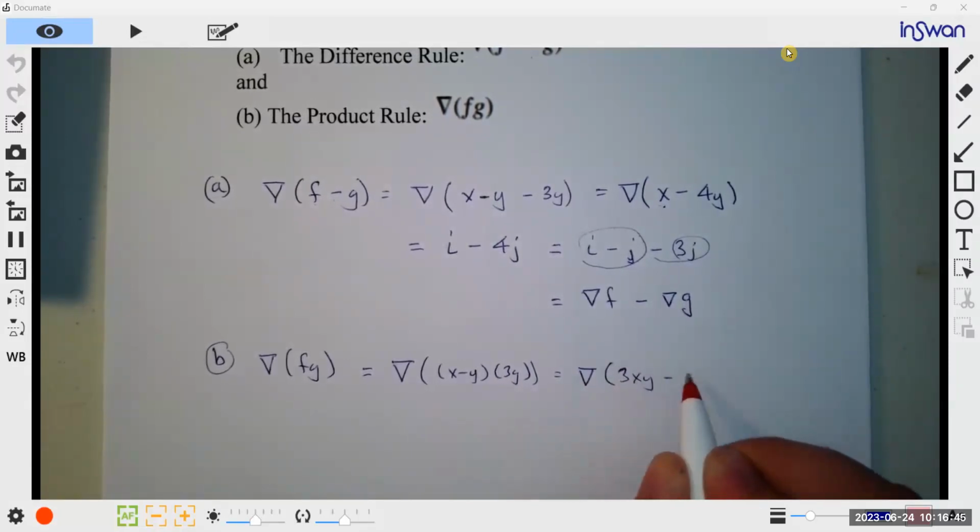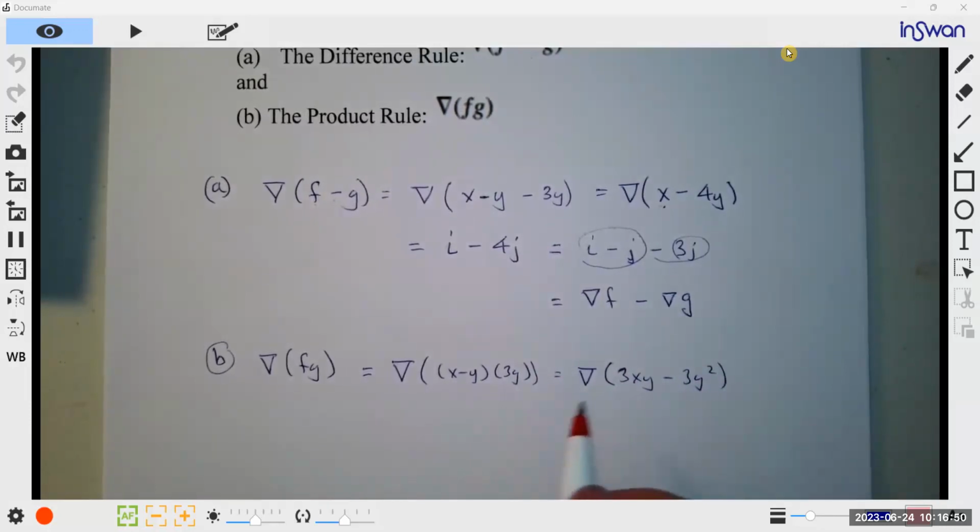Three xy minus 3y squared. They both have a 3y. I can take that out.